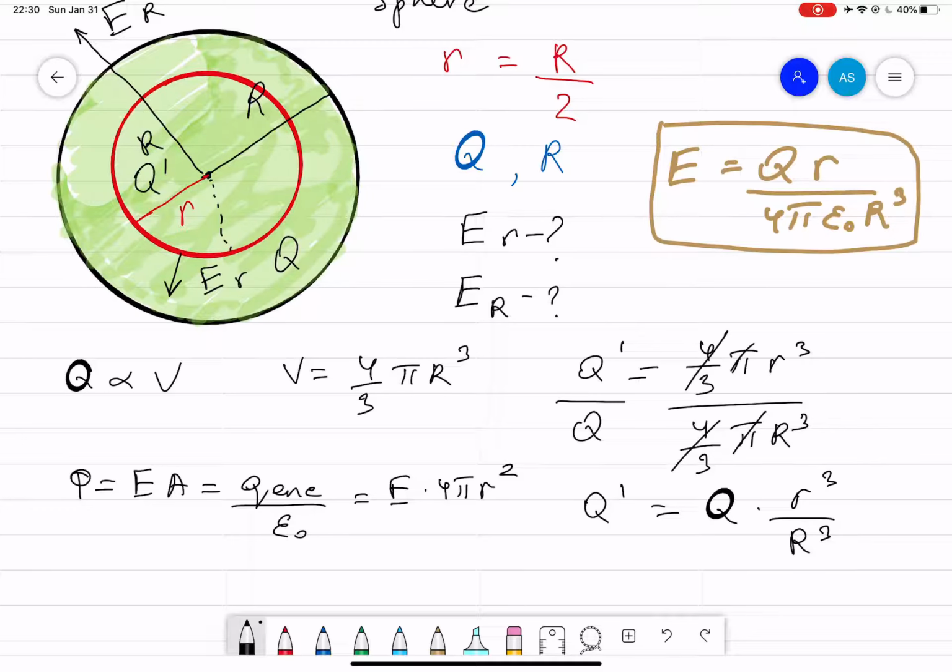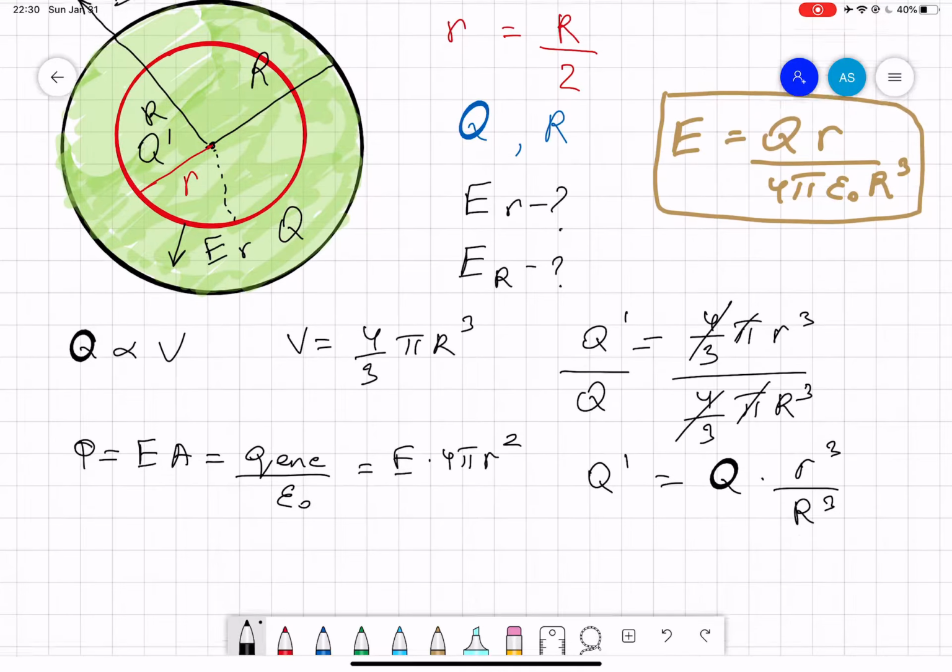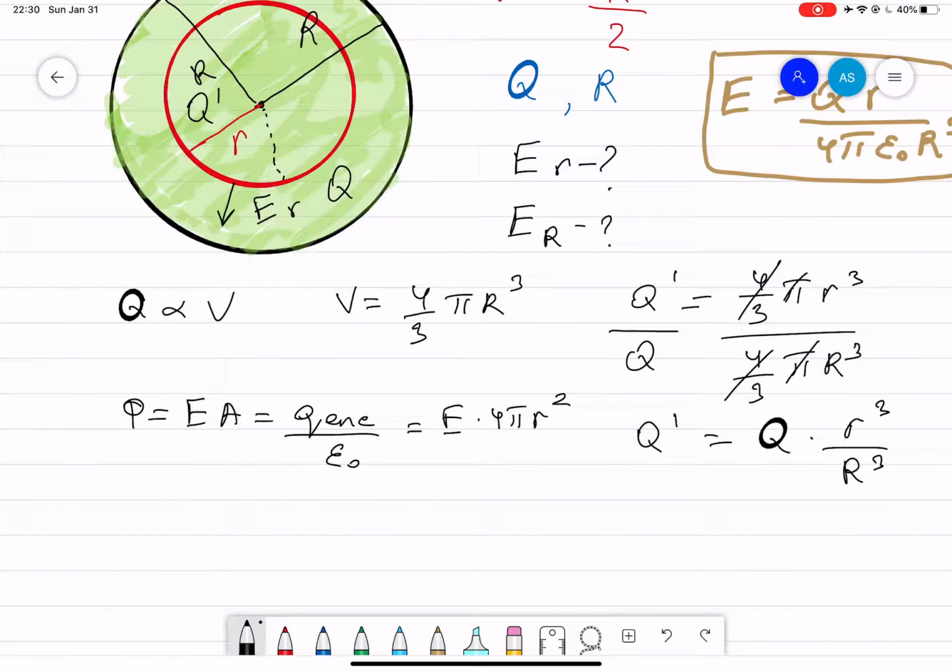Then since we want to find the electric field at any small r, we can say that E at small r is equal to Q enclosed divided by 4 pi r squared epsilon naught. Now 1 divided by 4 pi epsilon naught gives you k, so that means you can say k Q enclosed divided by r squared.